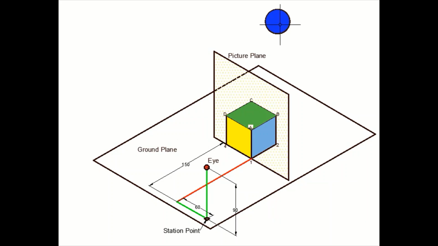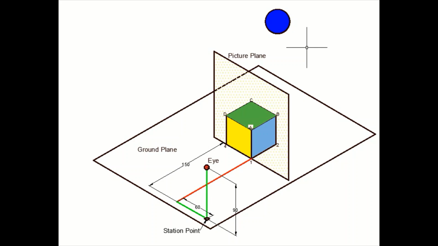So from this position the picture plane will look like a line, and for this object you will be able to see the top face, the green colored face, and as far as this observer is concerned, you will be able to see this observer as a point. So if you are placed here, then you will be able to see the picture plane as a line.